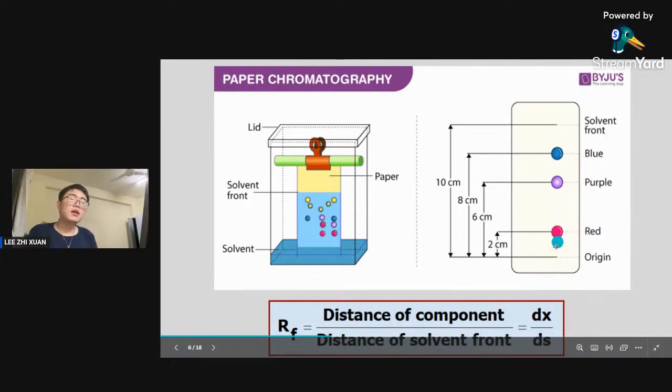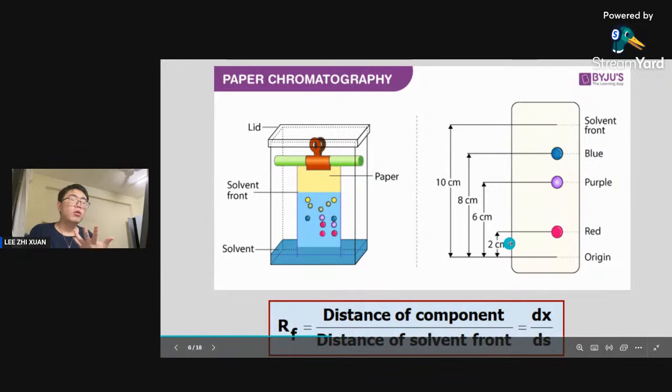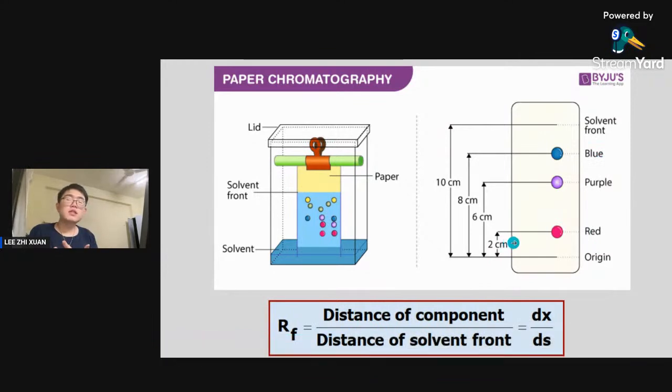So maybe based on the question, either you want red, purple, or blue. If red, it is 2 over 10, so 2 over 10 equals 0.2 lah. And then purple is 6 over 10, 0.6. Blue is 8, so 8 over 10, 0.8. So this one is very simple.